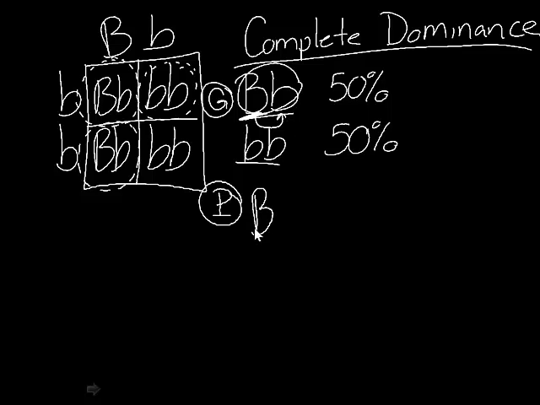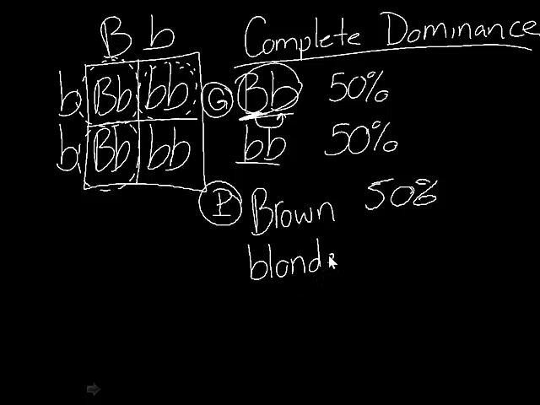So you'll have a 50% chance of having a child with brown hair, and then you have a 50% chance of having a child with blonde hair, because it's coming from this genotype right here.